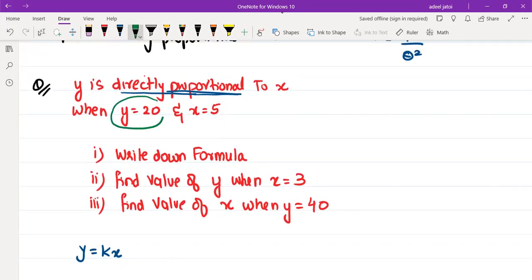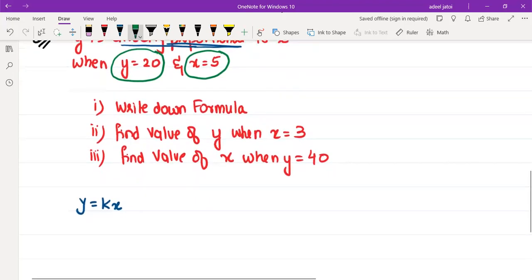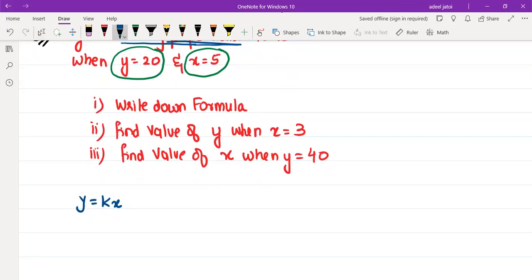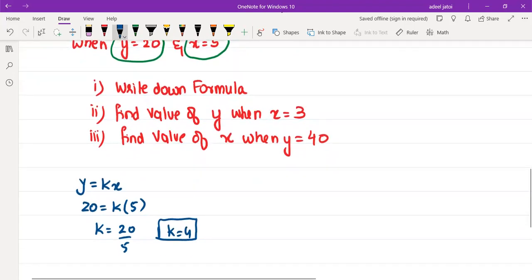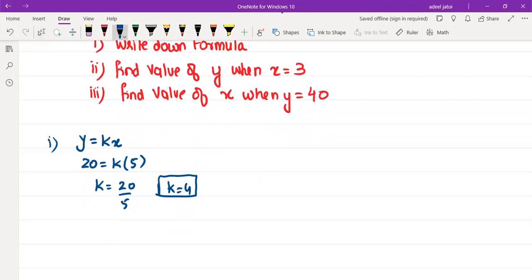That means y is 20 and x is 5. So k is equal to 20 divided by 5. K will be 4. So knowing that k is 4, I can write down the complete formula for part 1. So this is going to be y is equal to 4x. This is the answer for part 1.